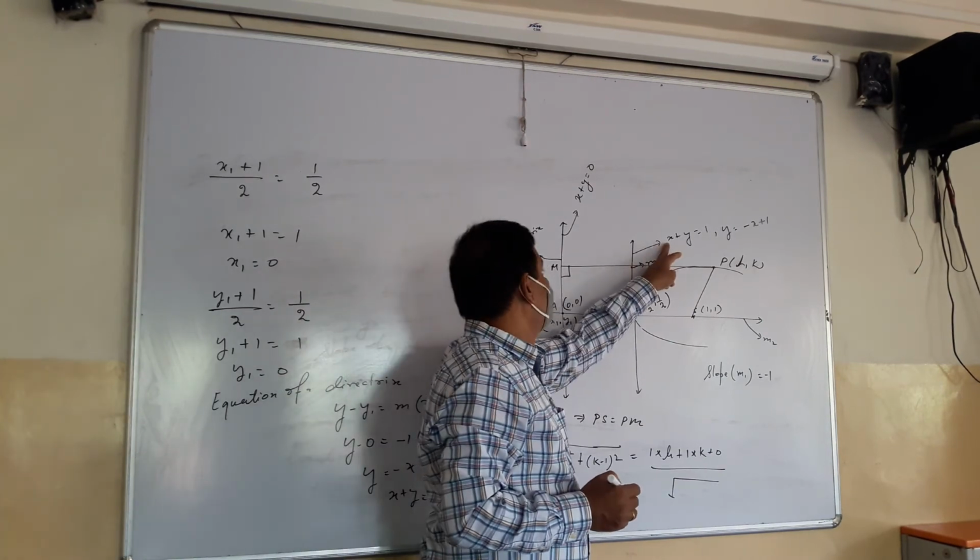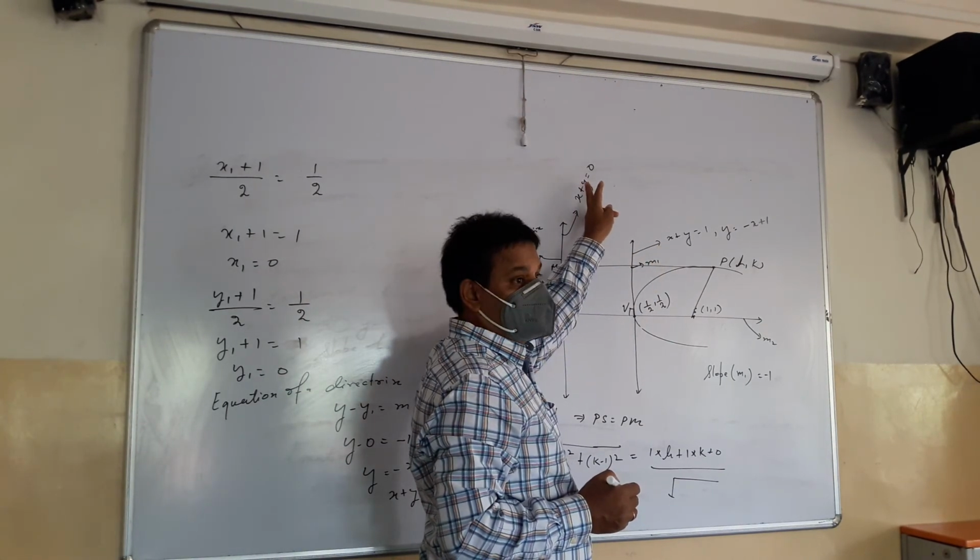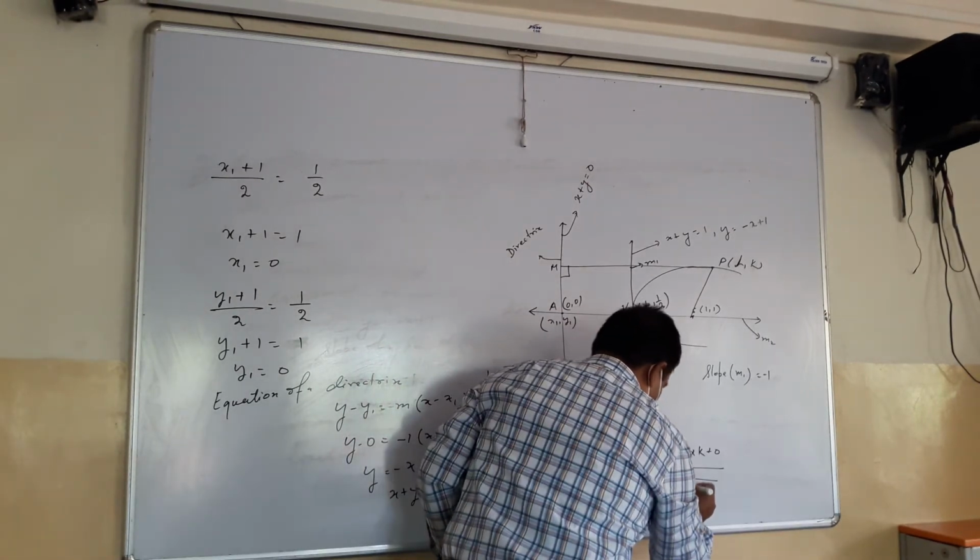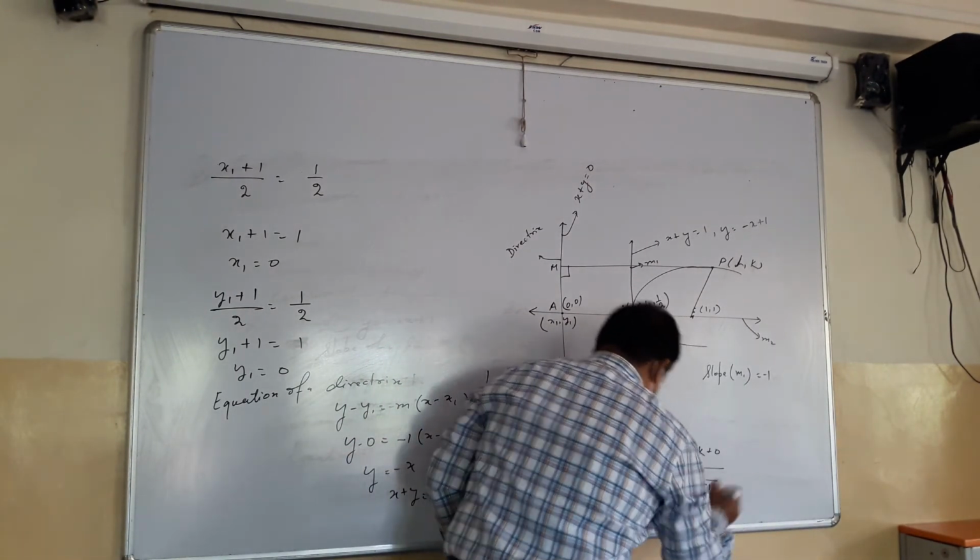A is 1 and B is 1, so 1 square plus 1 square.